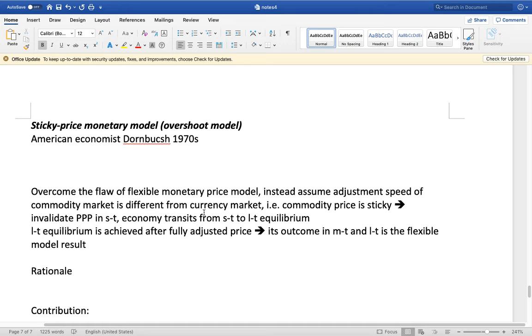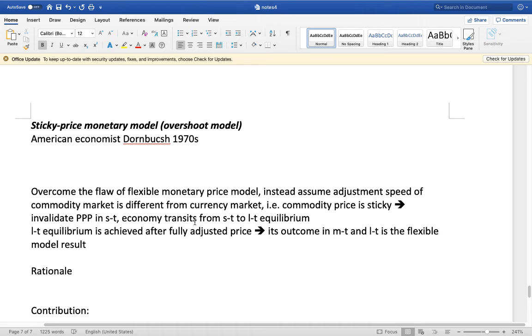Instead, it assumes that the adjustment speed of the commodity market is different from the currency market. That is, the price is sticky, and in this case it invalidates the purchasing power parity in the short run, and the economy transits from short-term to long-term equilibrium.